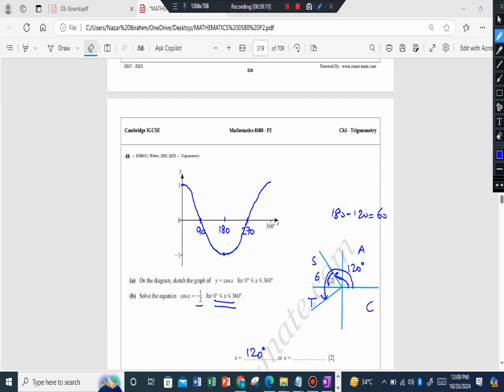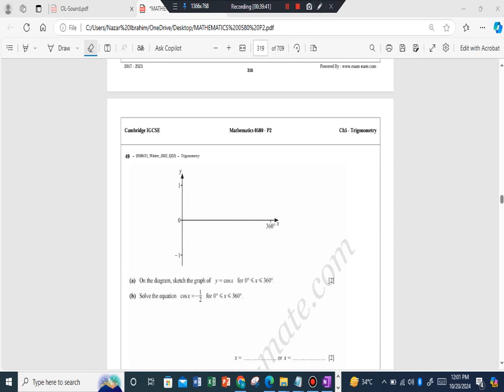So this is 60, which is my base angle, right? This is 60, so this will also be 60, that is base angle. So 180 plus 60 will give me the required angle, which is 240 degrees. Clear? Okay, let's move further.